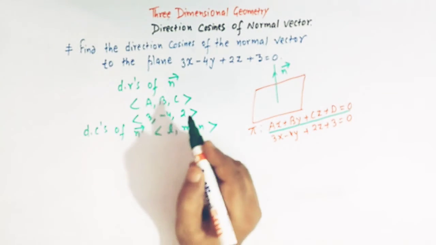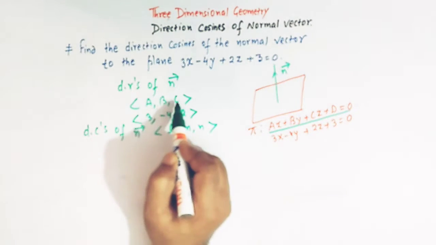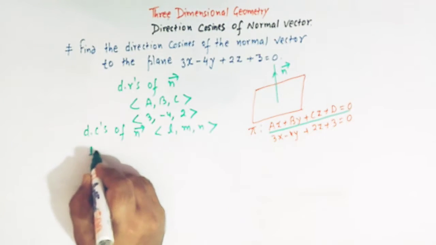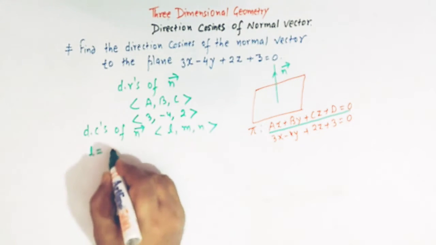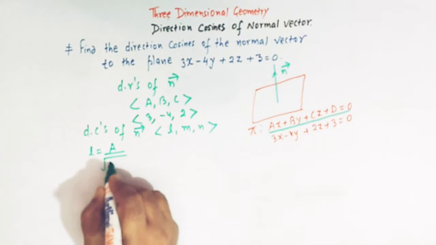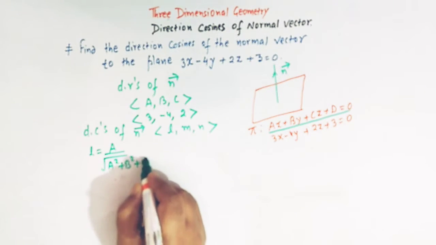Then the relation between the direction ratios a, b, c and l, m, n is given by these relations: l is equal to a over square root of a square plus b square plus c square.